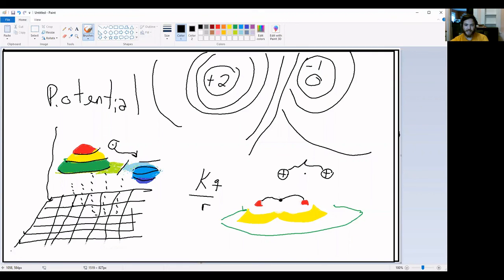So we've got this, and this is our values. And what it is is kQ1 over R1 plus kQ2 over R2. And the magnitude of the charge is what determines the value of this, but the sign of the charge actually tells me whether these are going to be added or subtracted.